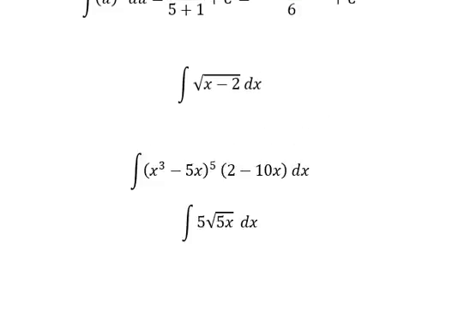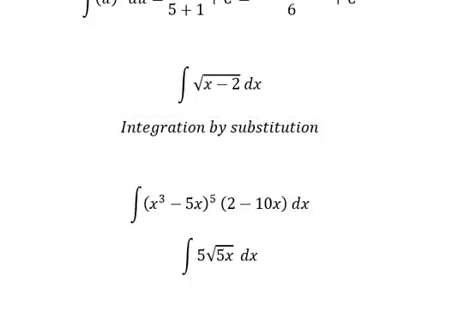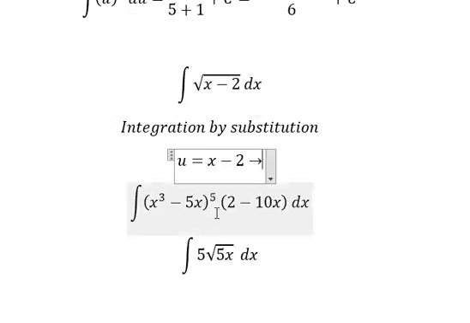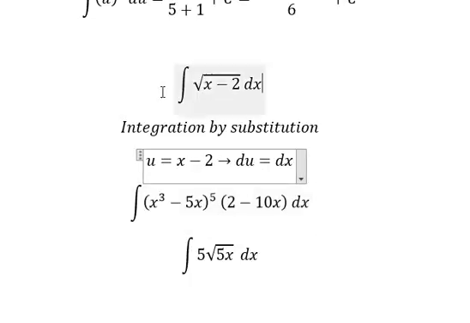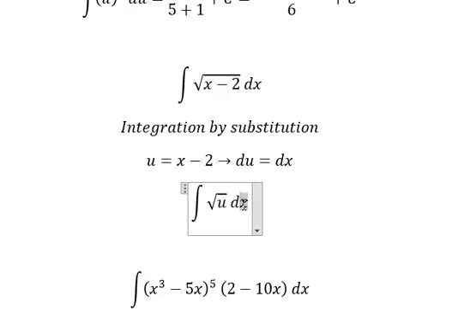Next, we need to use integration by substitution. So I will put u equals s minus 2. Later we take the first derivative of both sides. So this one we change to u, and this one we change to du.